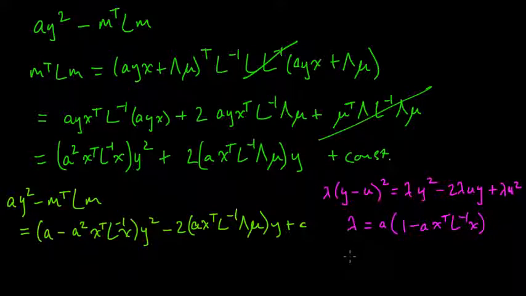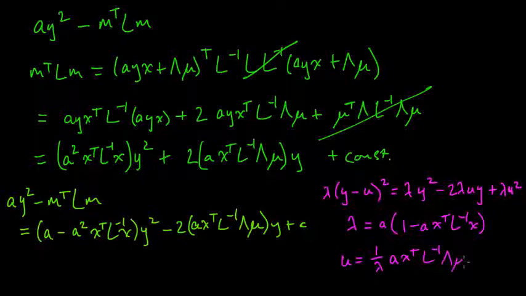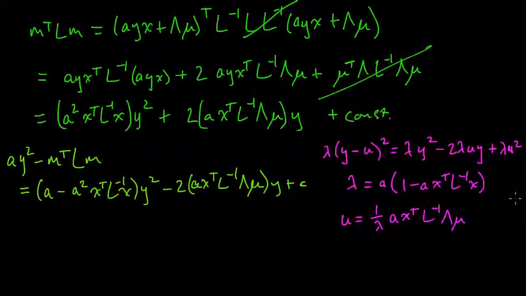And we should take u, let's see, we want to match this up with this, so we need lambda u equal to this part. So we may as well take u equal to 1 over lambda, times this, a x transpose L inverse lambda mu. And so we got this thing in this form.